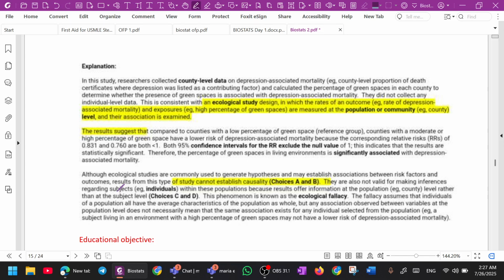That is, a subject living in an environment with high percentage of the green space may not have lower risk of depression associated mortality.